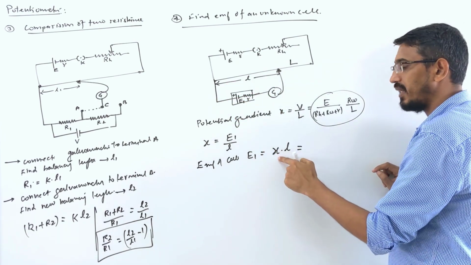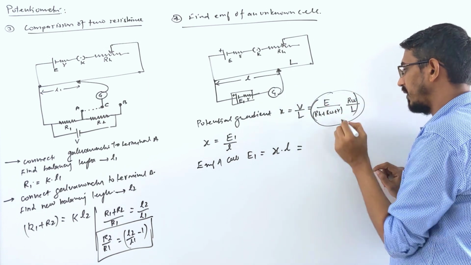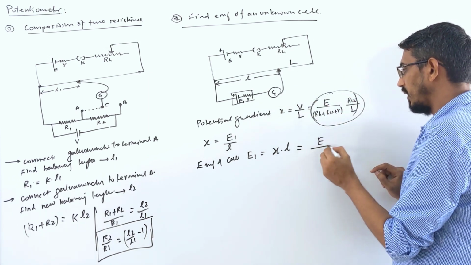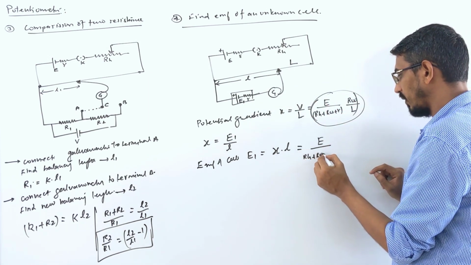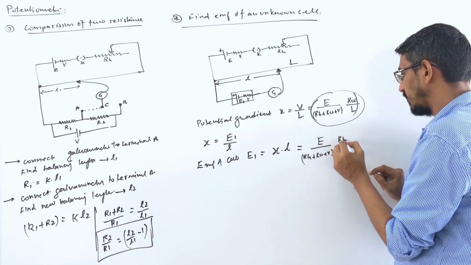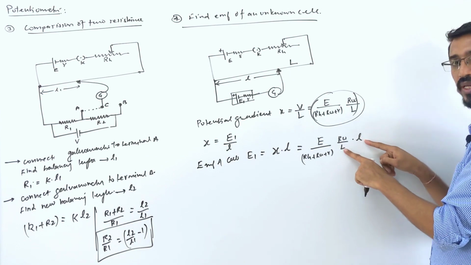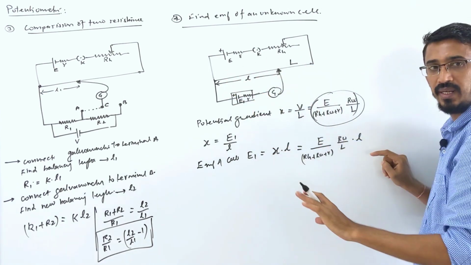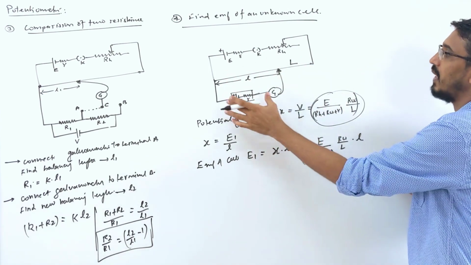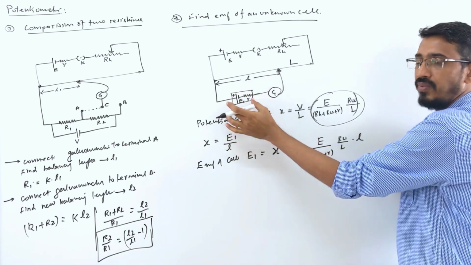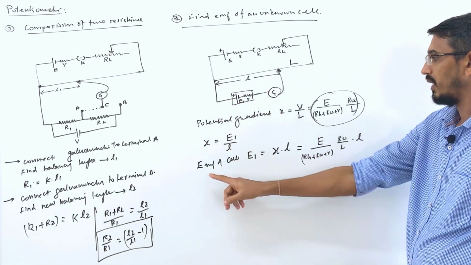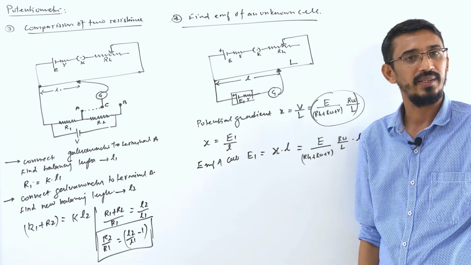If the potential gradient is not given, then you find it from here, using the complete formula, and multiply by the balancing length. So do not confuse between these two lengths. Capital L is the total length of the wire, and small l is the balancing length against the EMF of that cell. So this is the way to find the EMF of that cell.